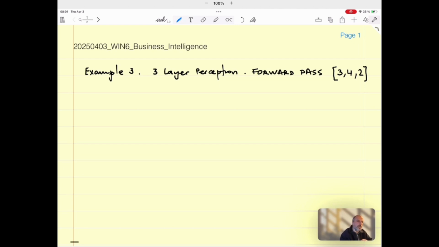So we have 1 input vector of 3 elements, then 1 hidden layer with 4 elements, and 1 output vector with 2 elements.